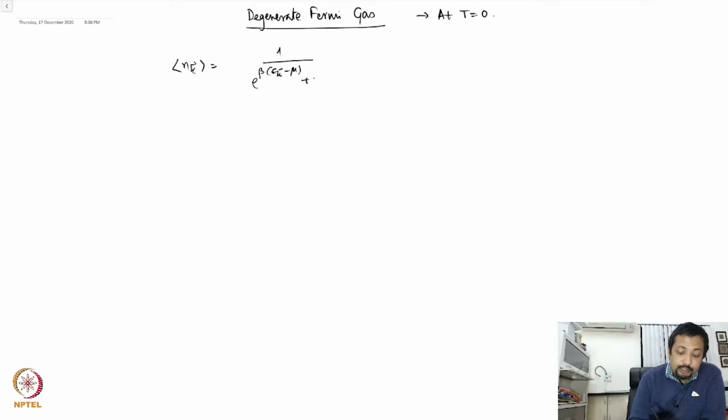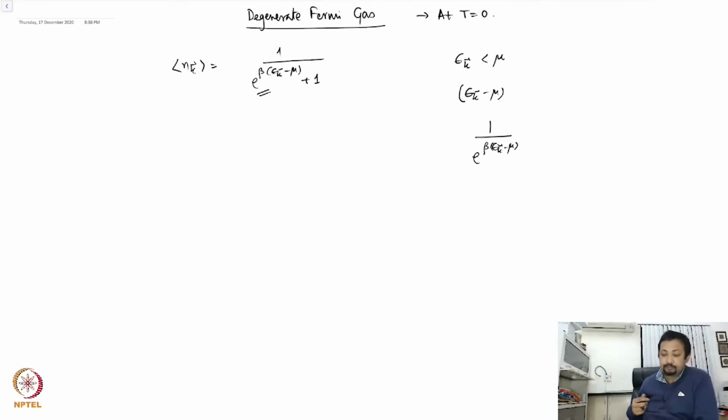minus mu) plus 1. So now we have to figure this out at T equal to 0, but one has to be careful with this, because you see that if epsilon_k is less than mu, then epsilon_k minus mu is negative, so that this term is actually 1 over e to the power beta (epsilon_k minus mu), right?